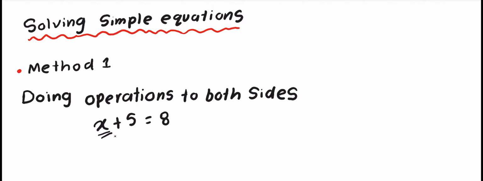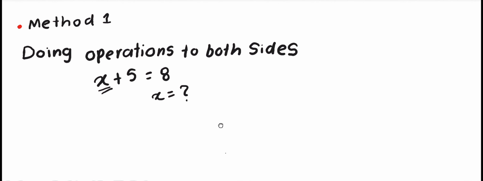To find the value of the variable, we need to get the variable alone. We need to get the x alone. Is x alone in this equation? No. The plus 5 is with x. So to get x alone, we need to remove plus 5.